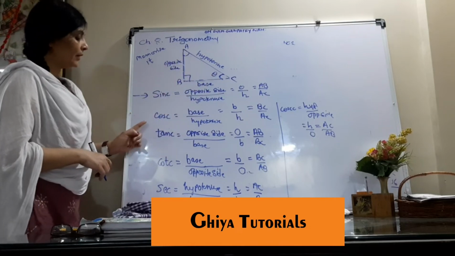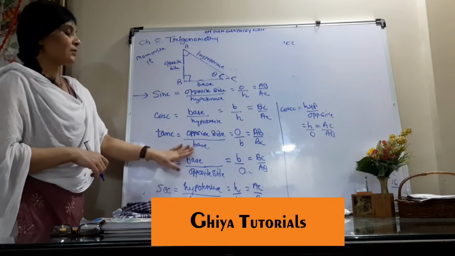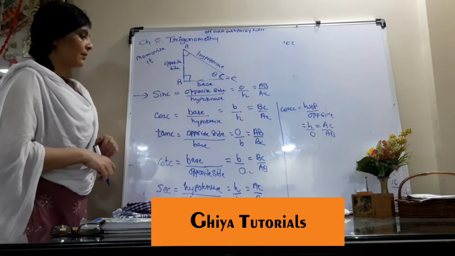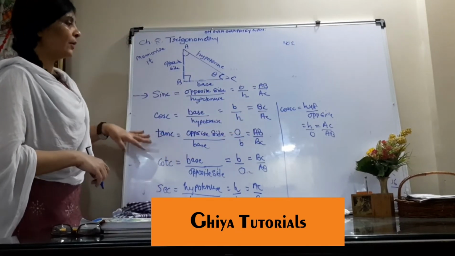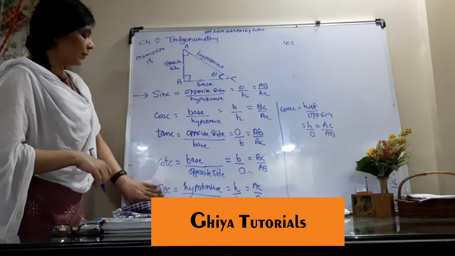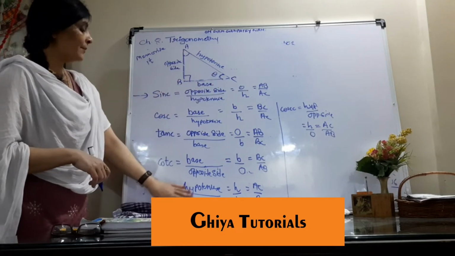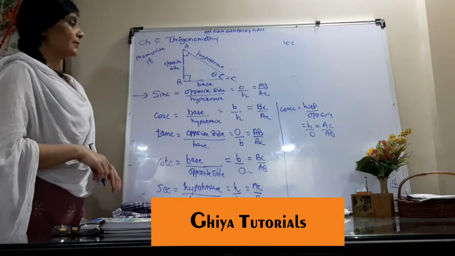You have to remember that in tan and cot, hypotenuse is not there. In sin and cos, hypotenuse comes in the denominator. Sec and cosec are inverse functions, which we will explain now. Sec is hypotenuse upon base, H upon B, that is AC upon BC.